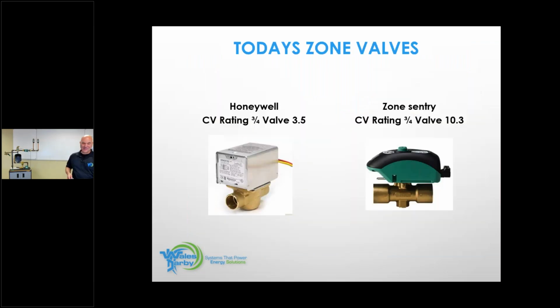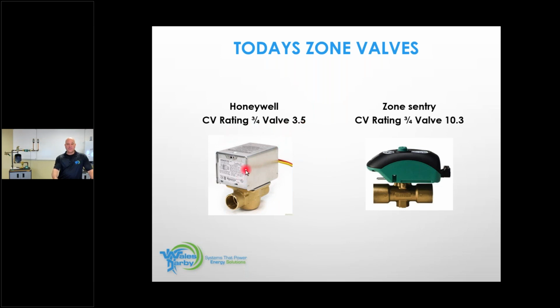That's awesome. Okay, so Jim will talk more about this in week 4, so I'm not going to spend a lot of time here, but take a note. The Honeywell standard valve, 3/4 inch, CV 3.5. Write this down.